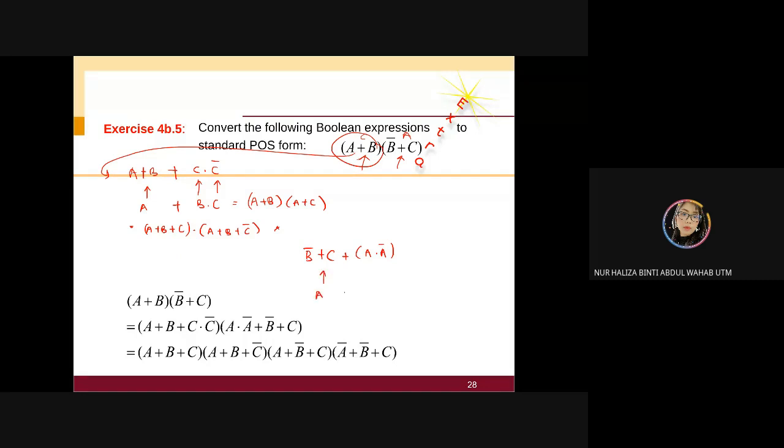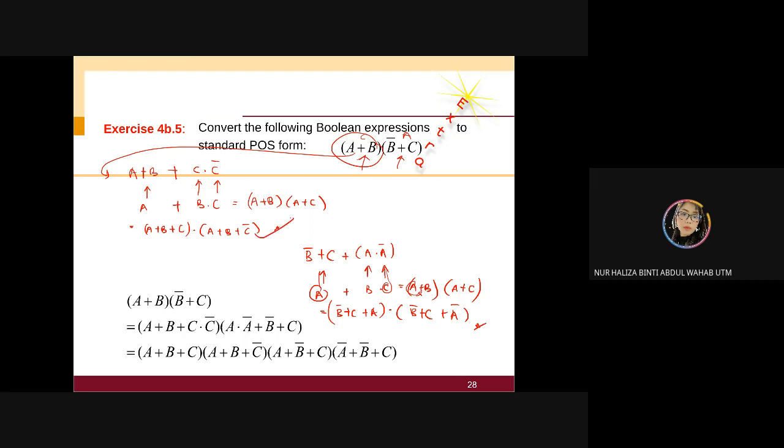This will be your A plus with your B, C. Then you will get A plus B, A plus C. So from here, you're going to find A, which is B bar plus C. You're going to add with your B. A will be B bar plus C. You can see here, A will be, and then plus with your C. Then you finish.